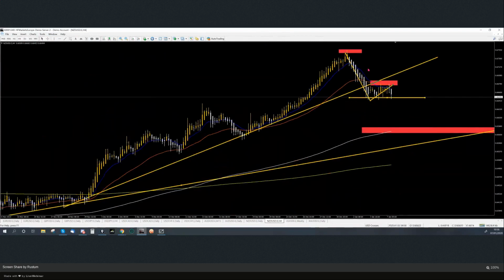Then you're trying to get back short again. Then what you need to do is find the distance here. We have about 70 pips. Yeah. So whatever your entry that you found here, you're going to have about a 35 pip stop loss to make this trade worthwhile taking.